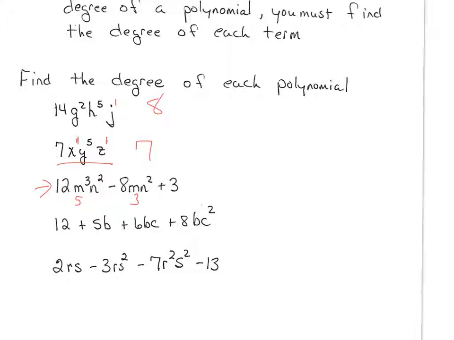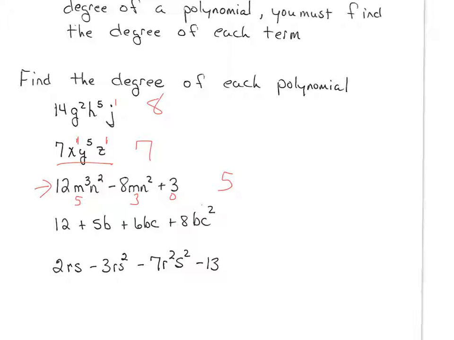What would be the degree of 3? 0. Why 0? Because there's no variable. So it's 5. Any variable to 0 is 1. So the degree of this polynomial, you're right, is 5, the highest.